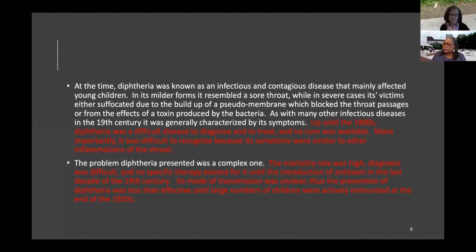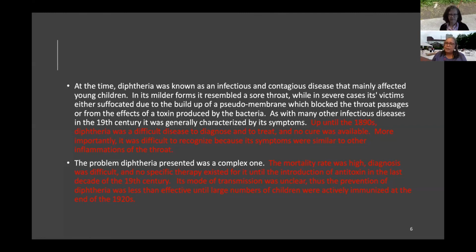And so one of the things I think is really important to remember about this particular disease, along with other infectious diseases, is that no one in that world at the time thought that the world could be free of infectious and contagious diseases. They thought this was part of the world that you would always have to live with.